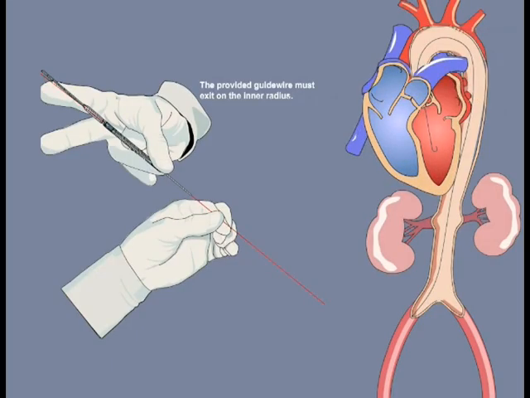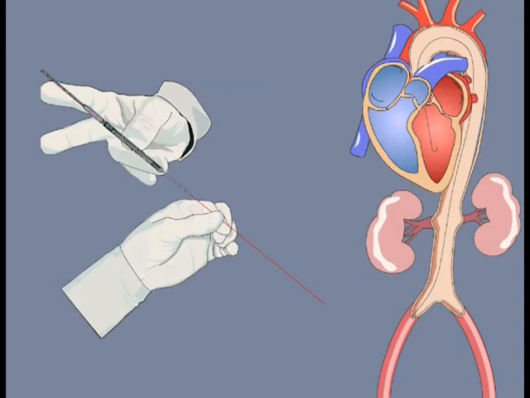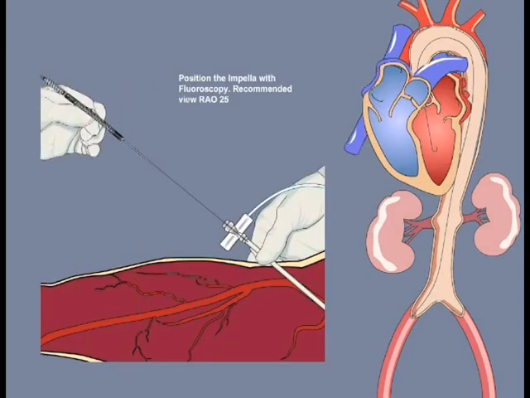Next, rotate the catheter until you are able to visualize the inner radius, which is the black line running the length of the catheter. Straighten the cannula to assure that the guide wire exits on the inner radius of the catheter. Always advance the Impella catheter under fluoroscopy.